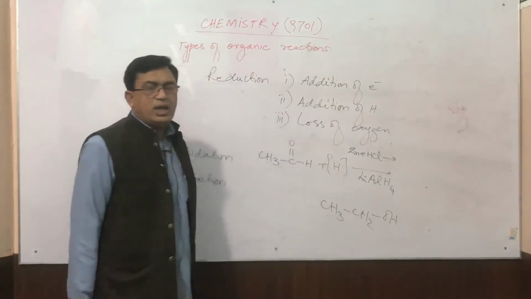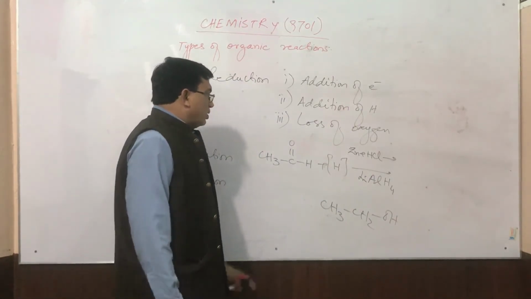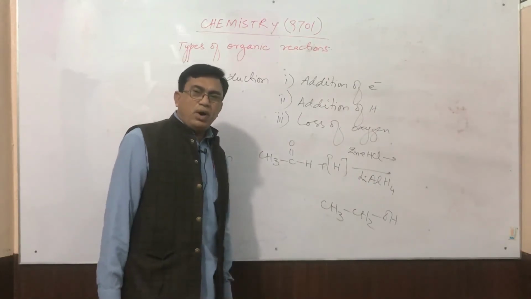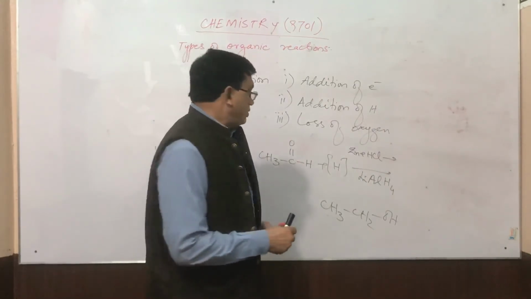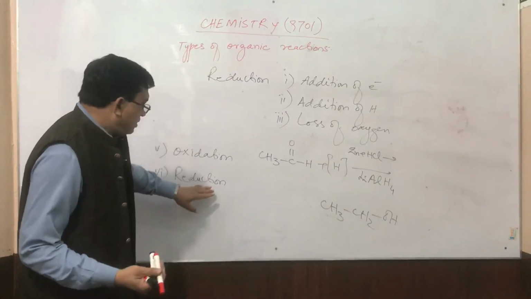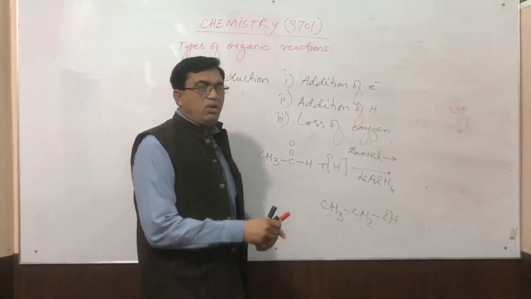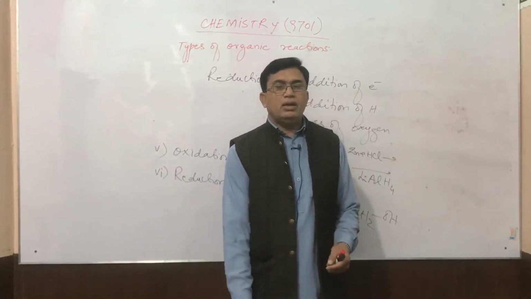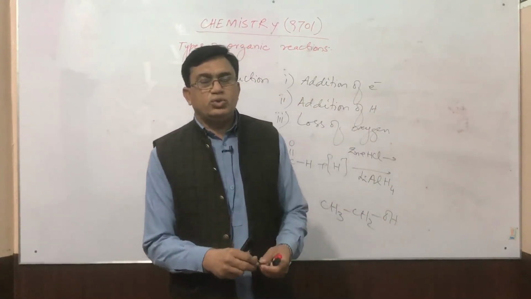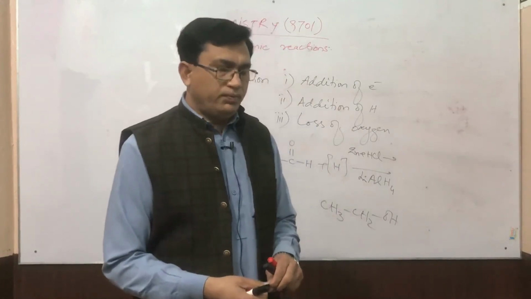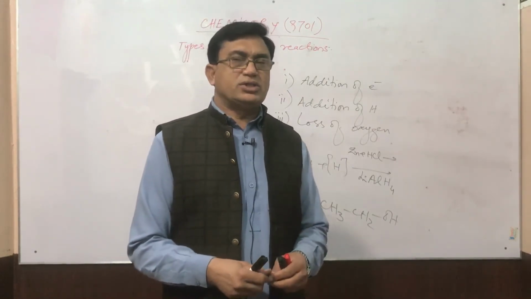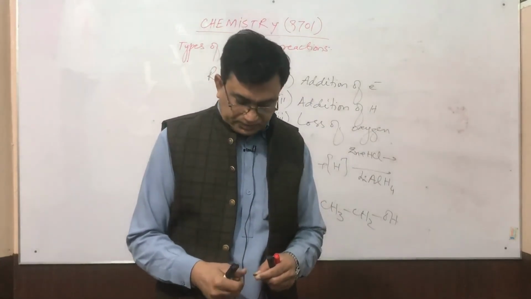That atomic hydrogen can easily be added into the compounds, which is called a reduction reaction. These are some of the examples which introduce you to the different types of chemical reactions in organic chemistry.